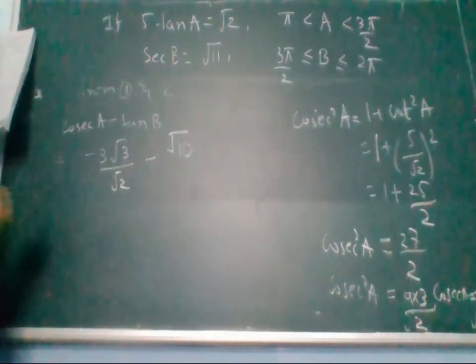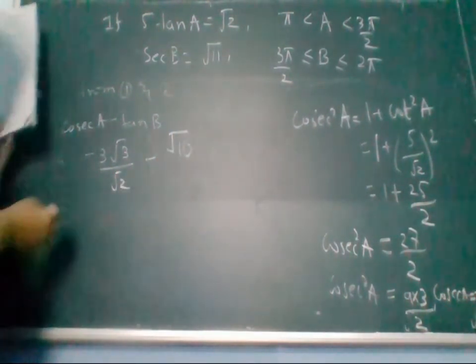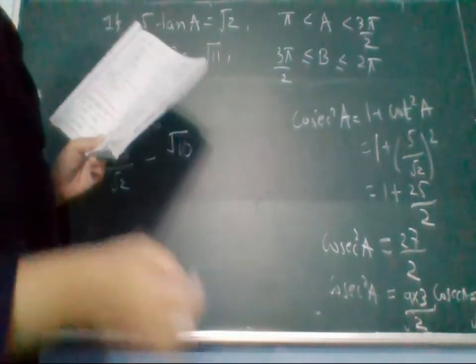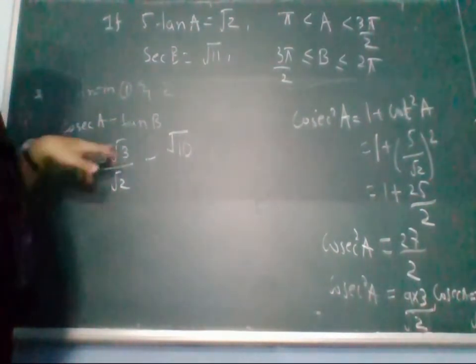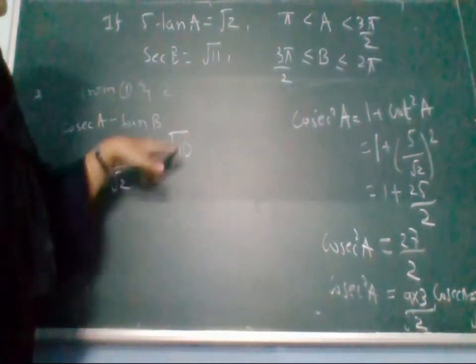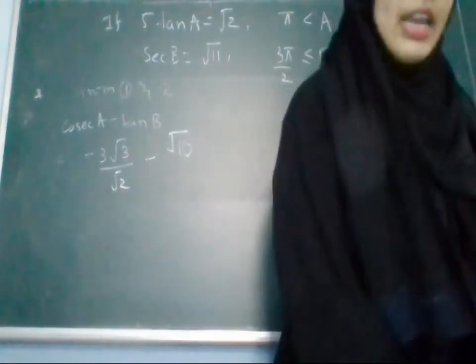So this is your final answer. The value of cosec A minus tan B is minus 3 root 3 upon root 2 plus root 10. So similar types of problems are there in your exercise.